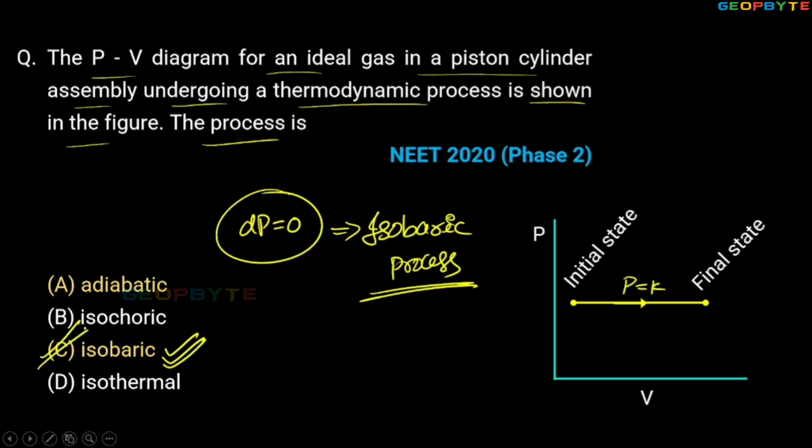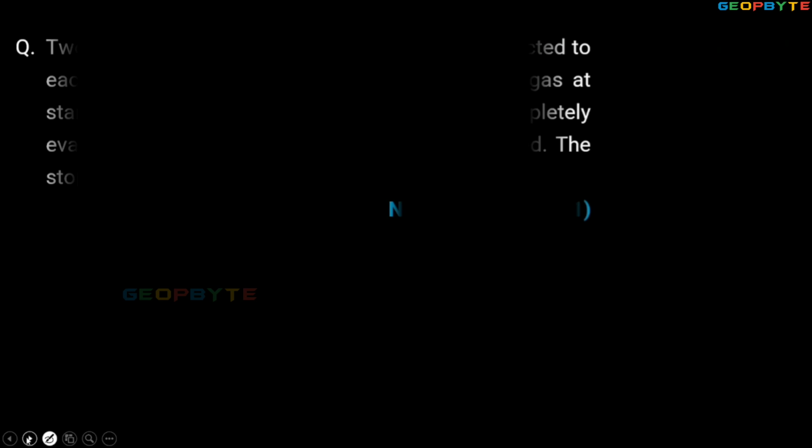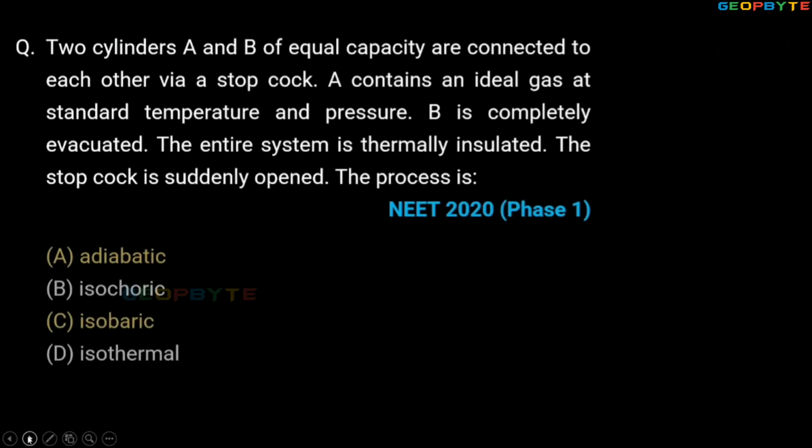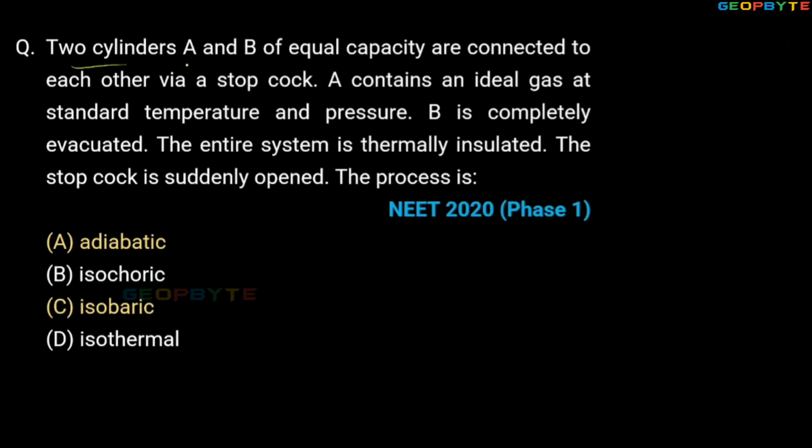Okay. Similarly, look at another important problem asking like this. Two cylinders A and B of equal capacities are connected to each other via a stopcock like this.